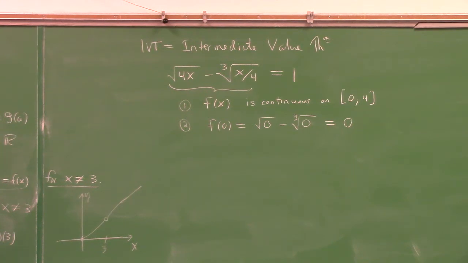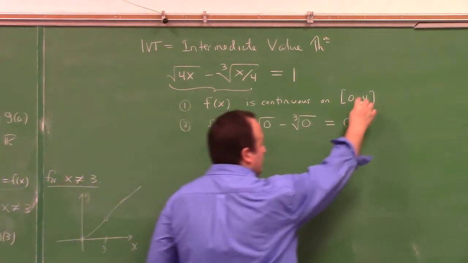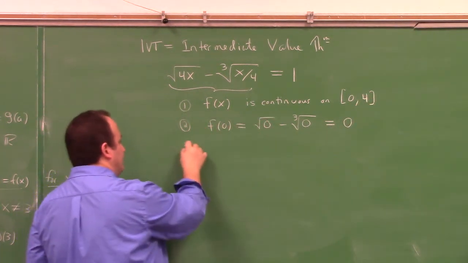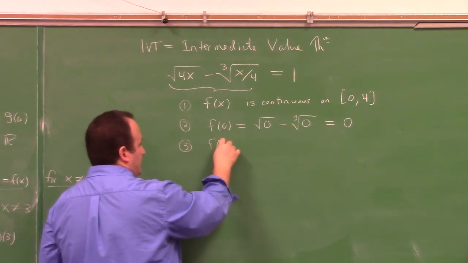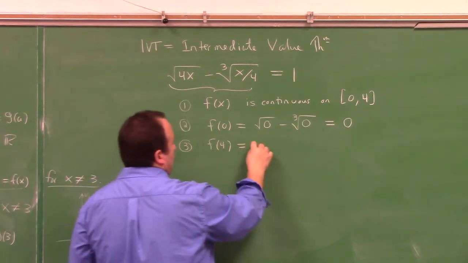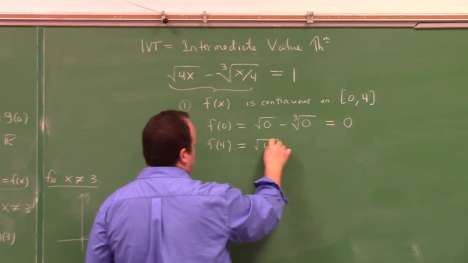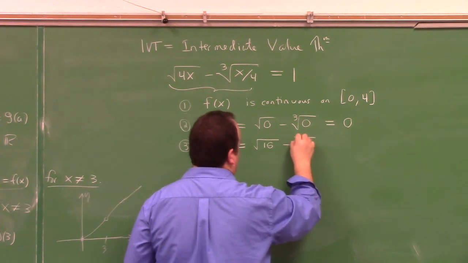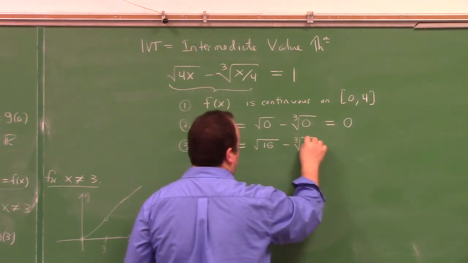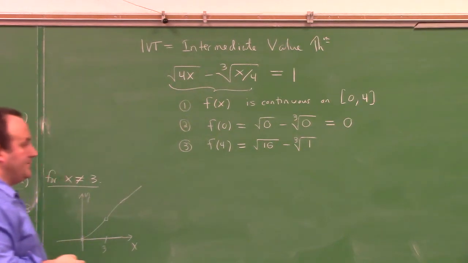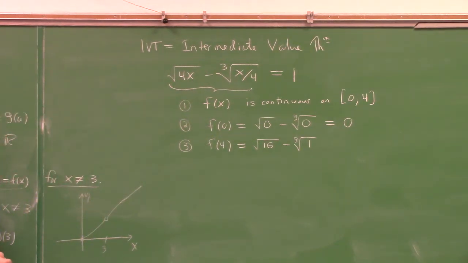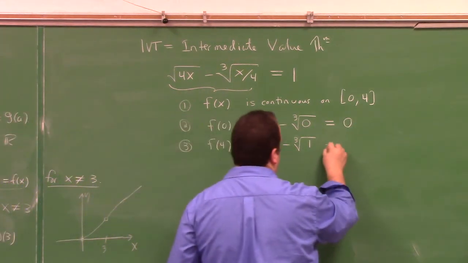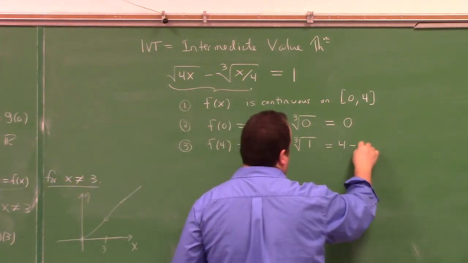The next thing I would do is try f of 4, because that was the hint. F of 4 is the square root of 16, since 4 times 4 is 16, minus the cube root of 4 over 4, which is 1. The square root of 16 is 4, and 4 minus 1 is 3.